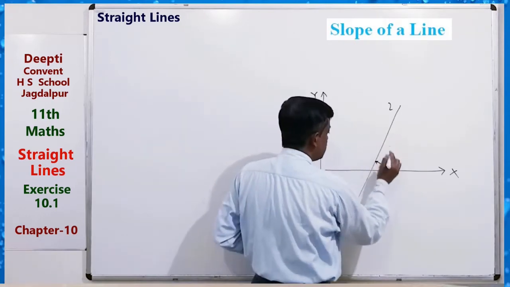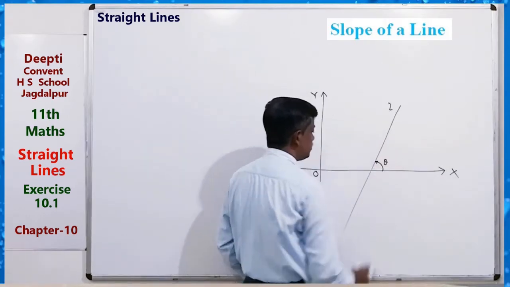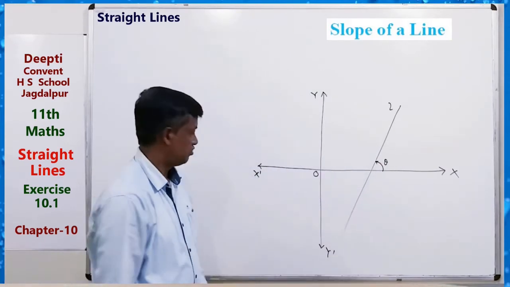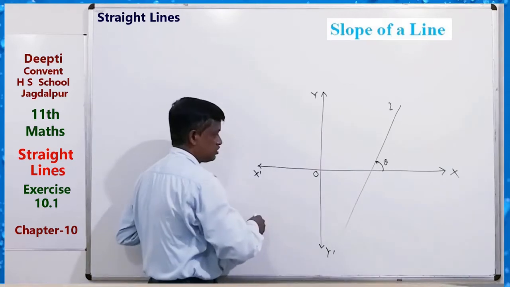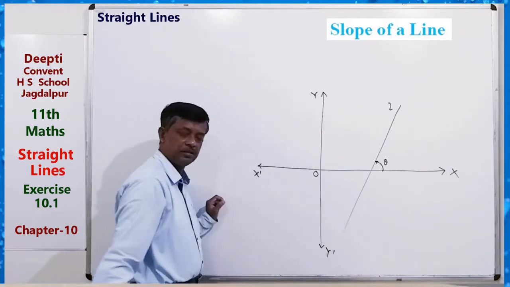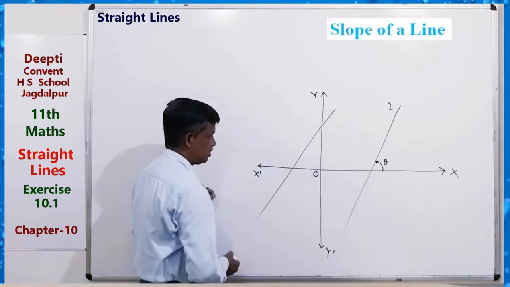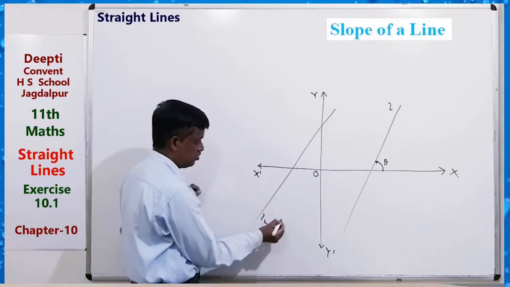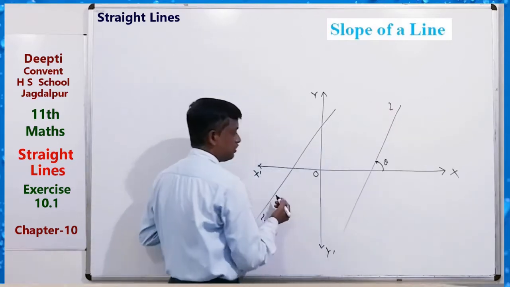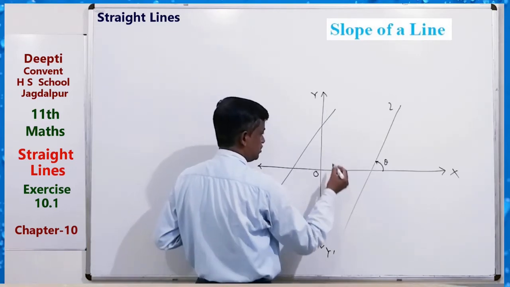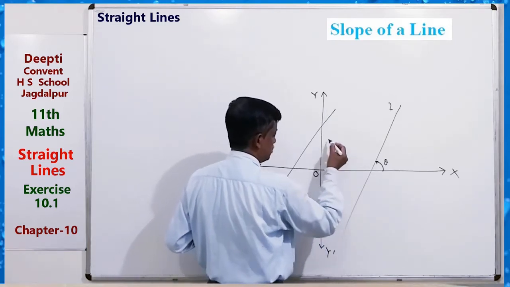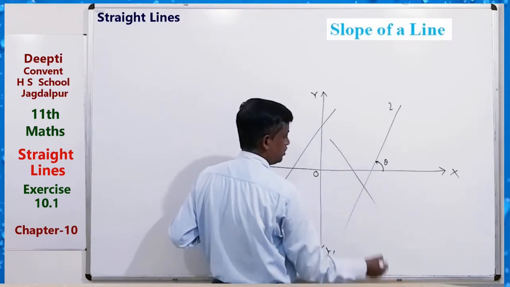If this line makes angle theta with the x-axis, you can draw a line here also. This is the angle. This is another line, L2, and this is L1. We can also draw a line like this, this type of line. So this is the angle.